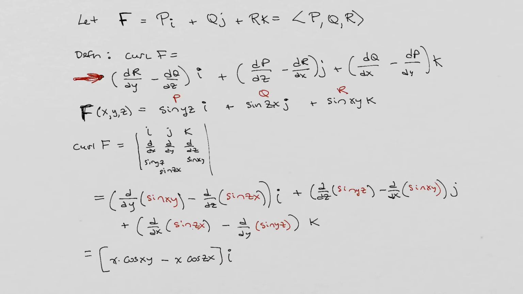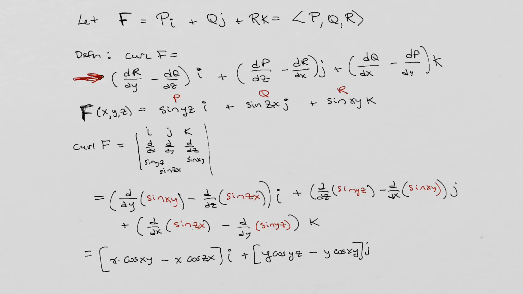So there's my ith component part. And then for the jth component, the derivative with respect to z of sine of yz gives me cosine of yz, and the derivative of yz with respect to z gives me a y. And then minus the derivative of sine of xy, which is cosine of xy, and then the inside part with respect to x gives me a y.